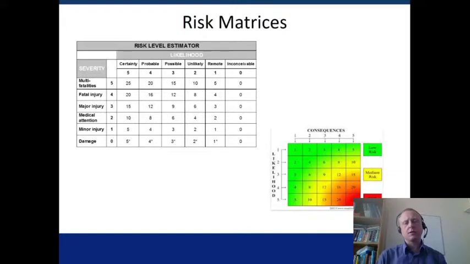It's not quantitative at all, because if you want to decide what is likely to cause, so what is certainty, what is probable, what is possible, then it's entirely opinion based. If you're deciding the level of the severity, then again it's entirely opinion based.